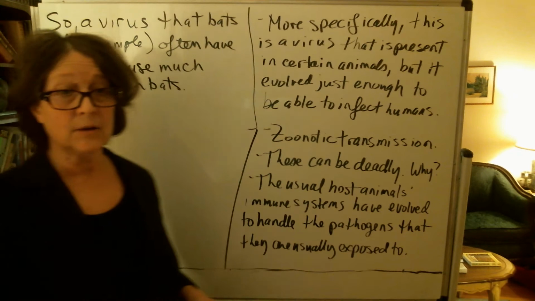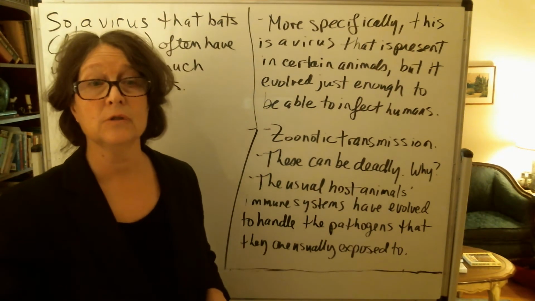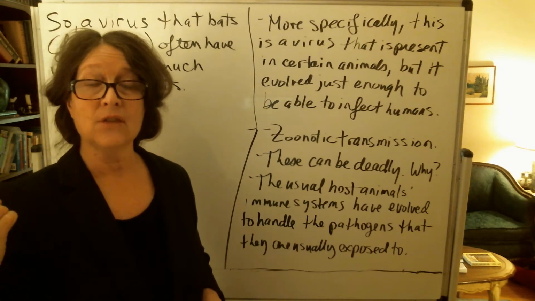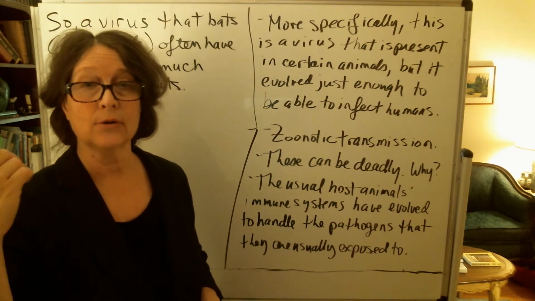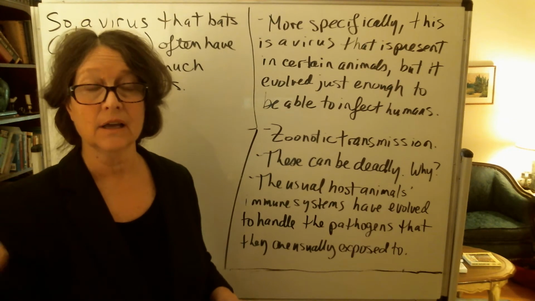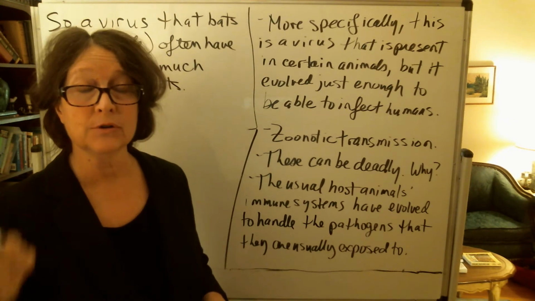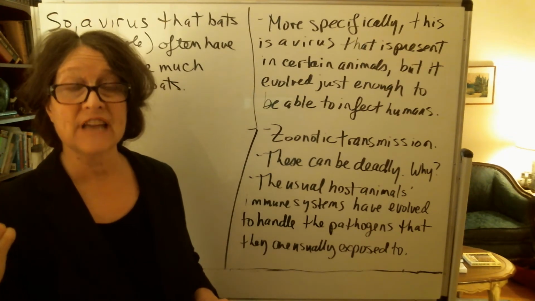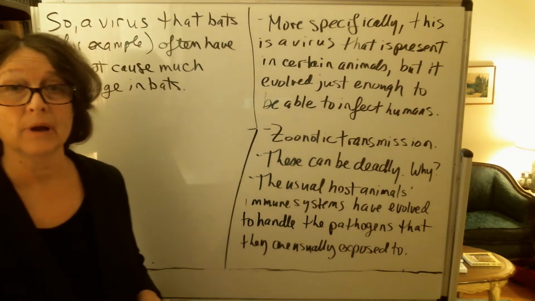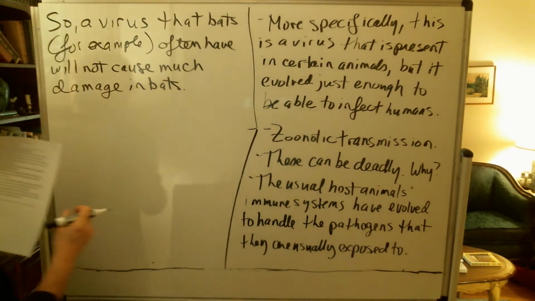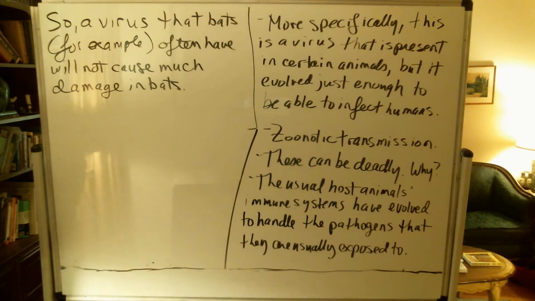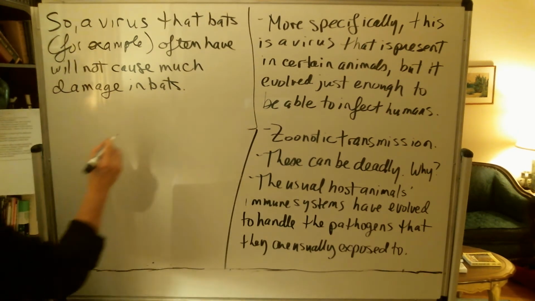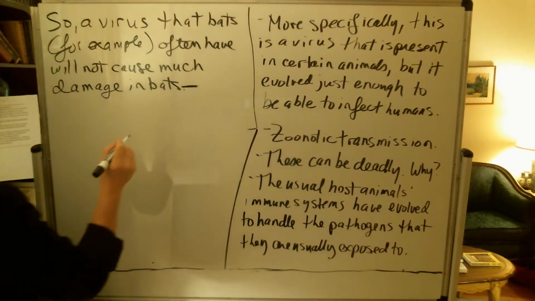The bats have had multiple generations of natural selection, selecting the individuals that have immune systems that handle that virus well. The other ones died. So the ones that survive to reproduce are the ones who have immune systems better suited to handling whatever that particular pathogen is. So as I said, it won't cause much damage in bats. I'm actually going to put a dash there.